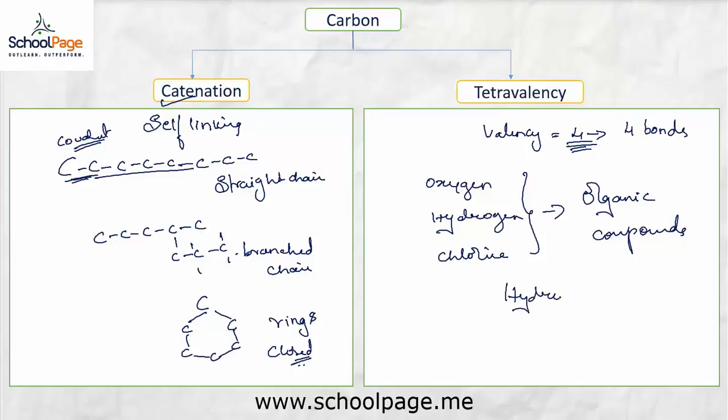Hydrocarbons, as the name itself suggests, are compounds which contain hydrogen and carbon. Hydrocarbons are in turn of two types: saturated and unsaturated hydrocarbons.